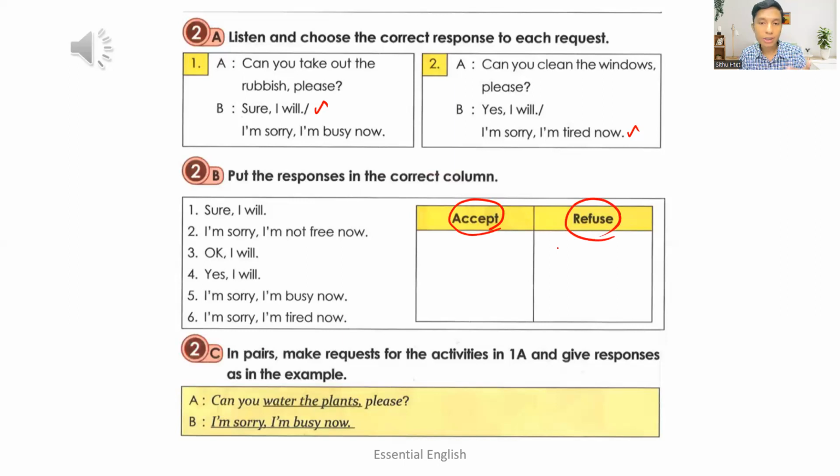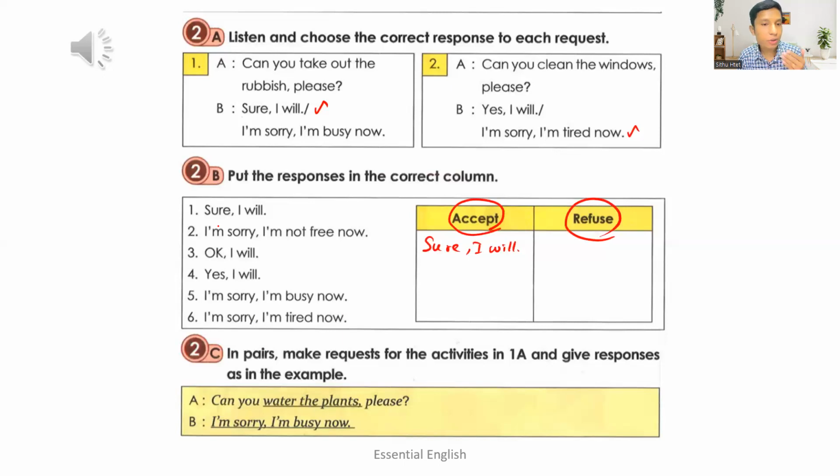If you want to accept something, or if you want to accept to do something, which responses can you use? Can you use sure I will? Yes. Sure I will. This shows that you accept to do something. And the second one, I'm sorry, I'm not free now.